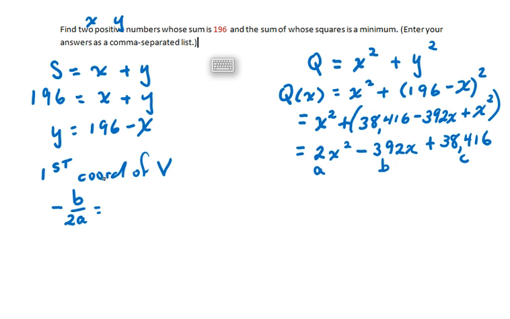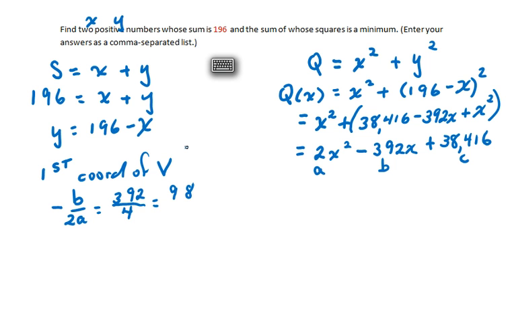So in this case, the opposite of b is going to be positive 392 divided by 4. 4 goes into 39 9 times, remainder 3, 4 goes into 32, 8.